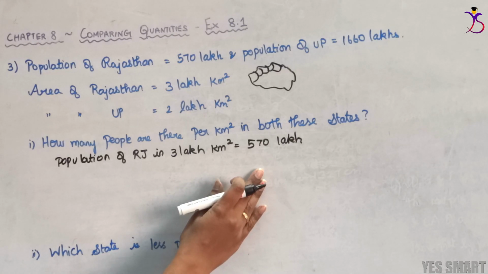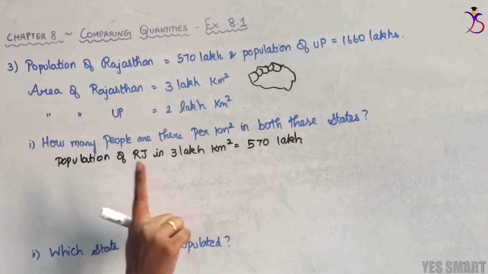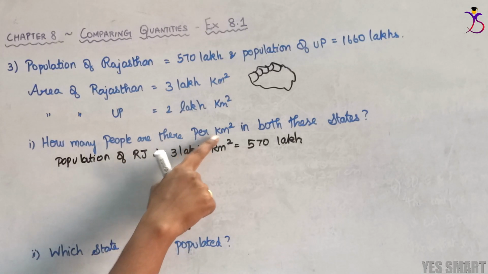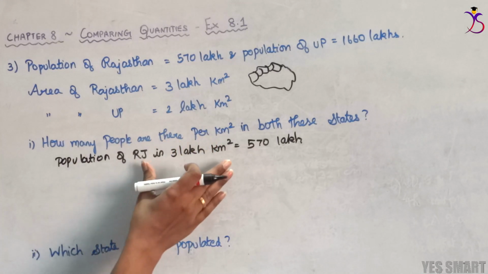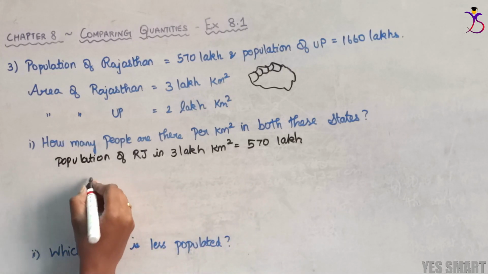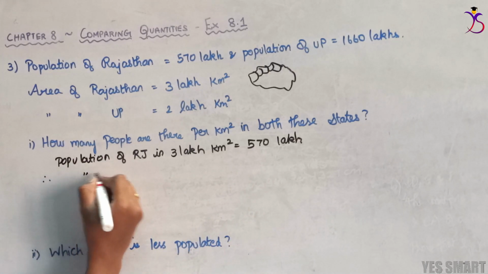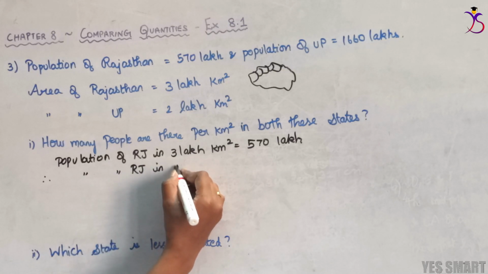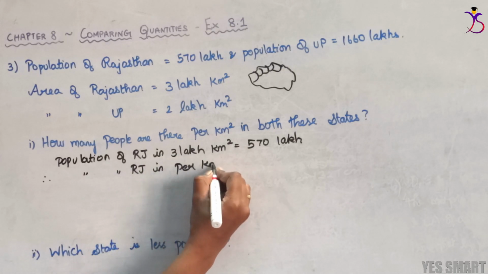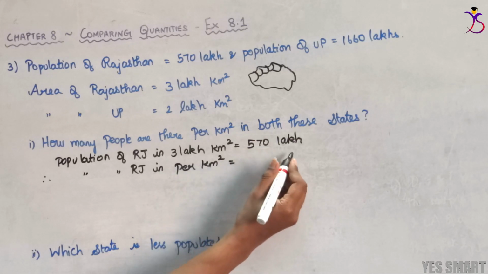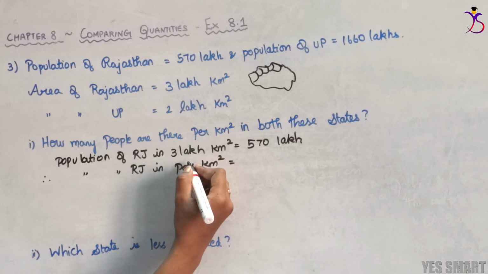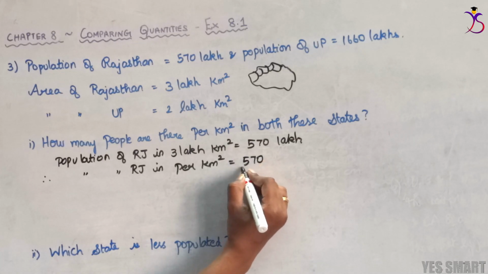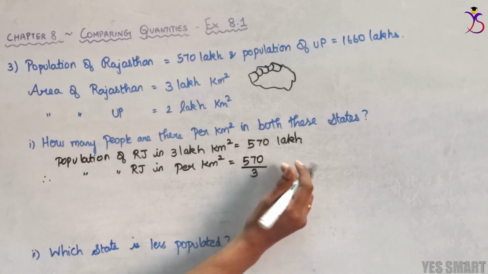Now let's find how many people are living in per kilometer square. They have given many and are asking for the single value. It is division. Therefore, population of Rajasthan in per kilometer square is 570 divided by 3. The data for many is given and they are asking us to find the data for 1.